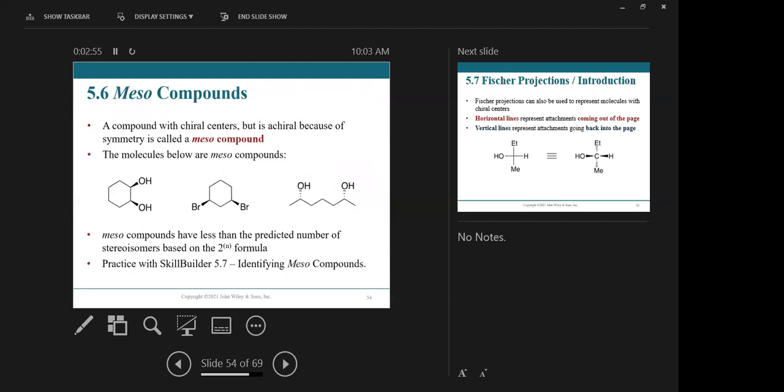It says these compounds below are meso compounds. So a compound with chiral centers, what is achiral because of symmetry? You can easily see here are your chiral centers. It's this plane of symmetry right there, and I tried to draw it for you.